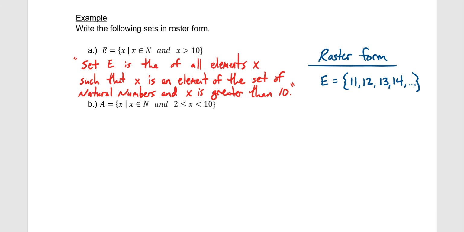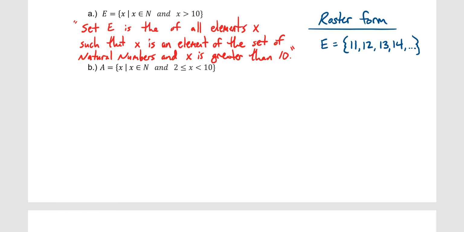Okay, for the next one, for B, we have A is going to be the set of all elements x such that x is an element of the set of natural numbers, and x is between 2 and 10, including the 2 but not including the 10. I just forgot to write the word "set" in the example above here. Set E is the set of all. Okay, so let's go ahead and convert this into roster form.